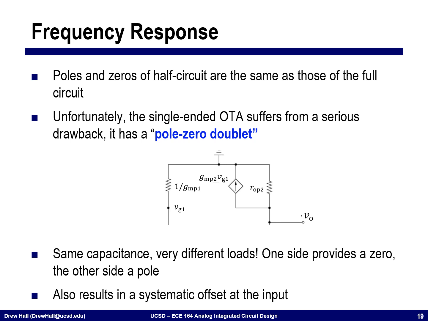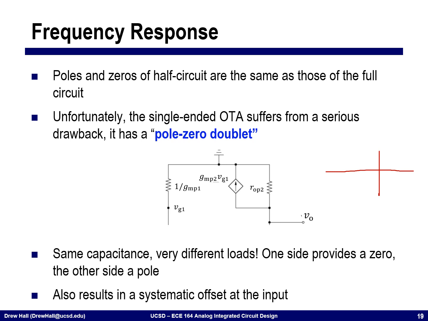The easiest way to describe this is that if I was to look at the complex plane, I have a pole and I have a zero, and they're nearly at the same frequency. Okay. If they were exactly at the same frequency, we would end up with pole zero cancellation, which would be perfect. We would like that very much.